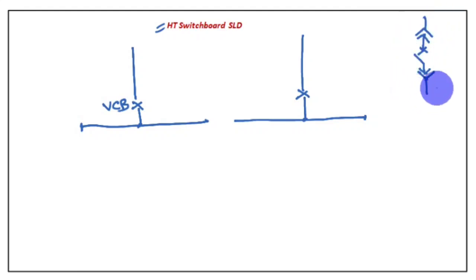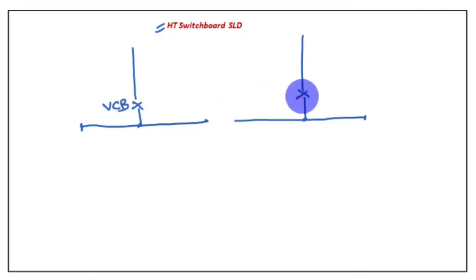This is one way of representing the breaker, or we can also represent it this way: the breaker portion like a square, and this is the draw out. Here I will show the breaker as a cross, but in actual you will find a representation something like that. So now we have two incomers.